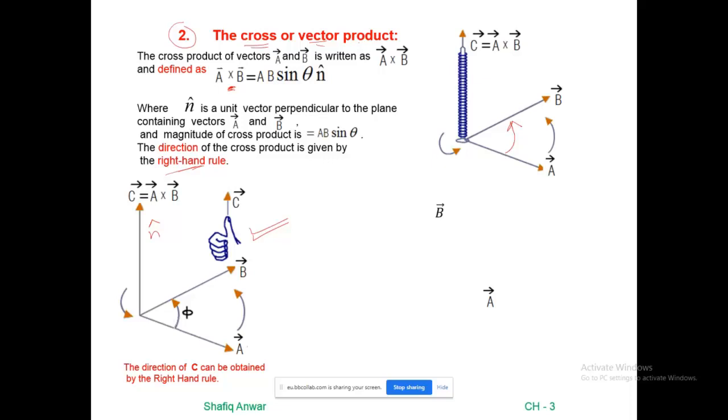Now if you have B cross A, since it is a vector having direction also, A cross B cannot be equal to B cross A. B cross A has the direction down. You see, A cross B has direction up and B cross A direction down.